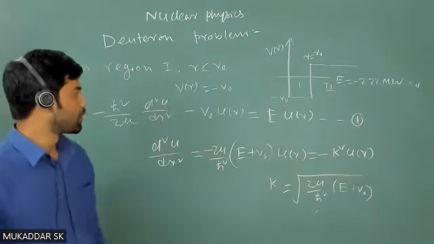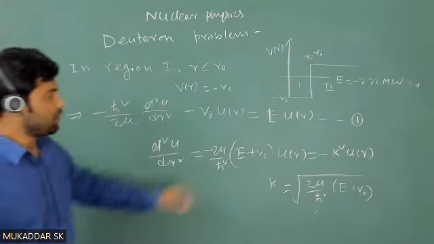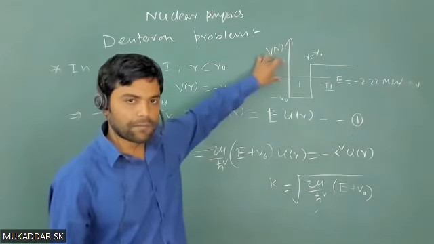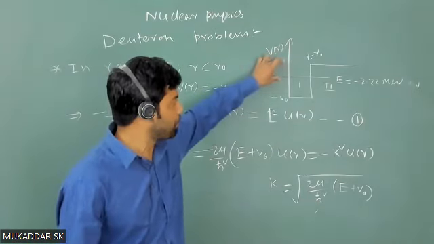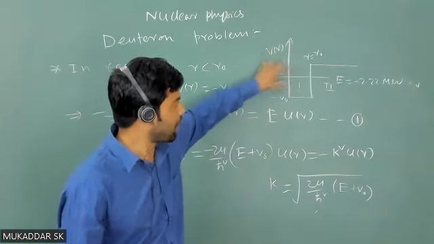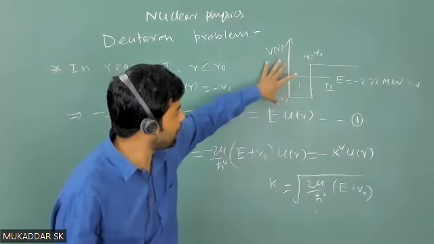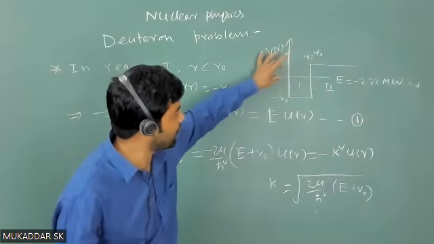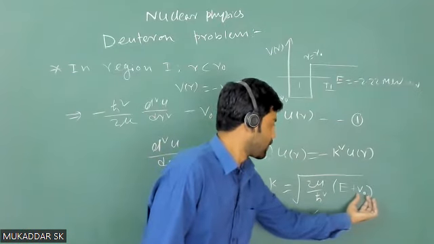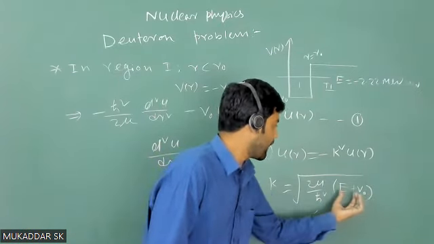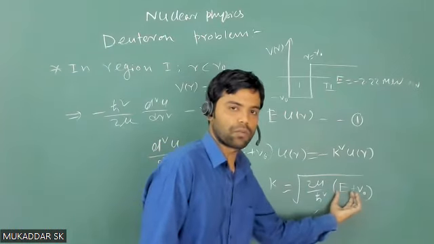Why? Because you see that E is actually negative, with some value that is minus 2.2. Now you see that V naught is a positive number, and that is actually higher than minus 2.2.